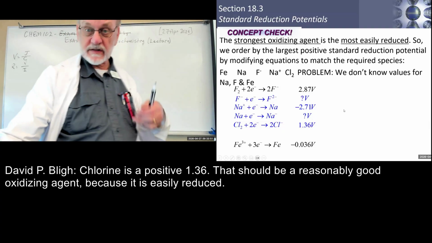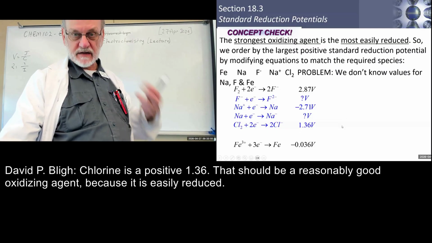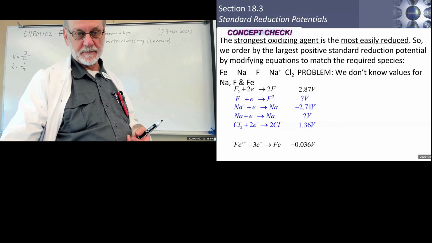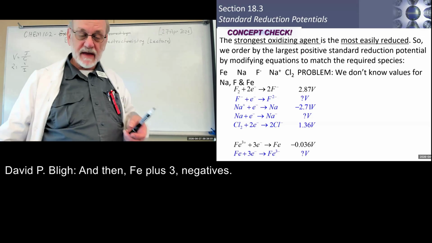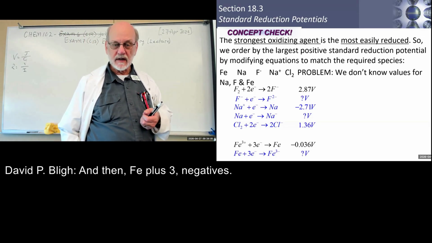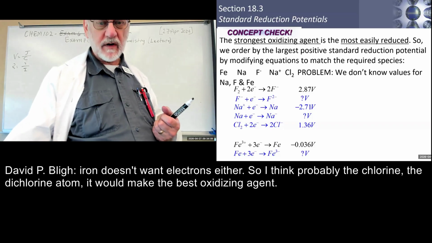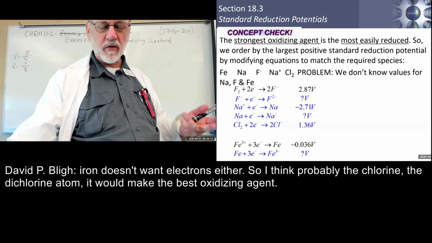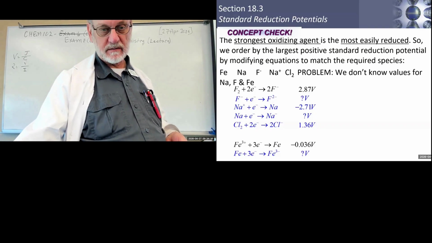That should be a reasonably good oxidizing agent because it is easily reduced. And then Fe plus 3 negatives. Iron doesn't want electrons either. So I think probably the chlorine, the dichlorine atom, would make the best oxidizing agent.